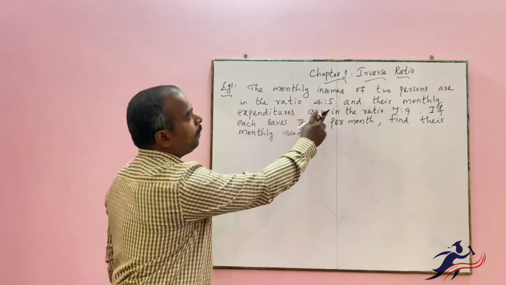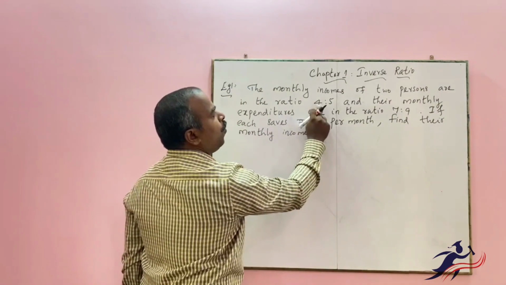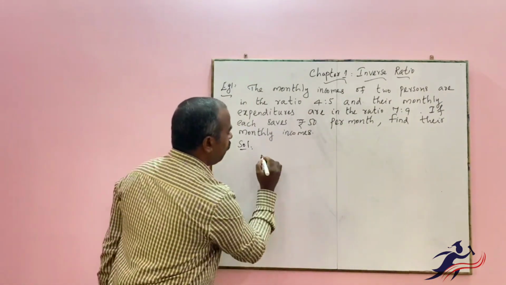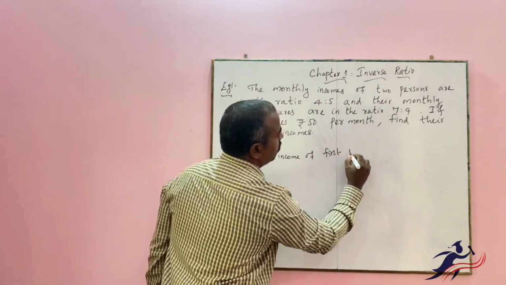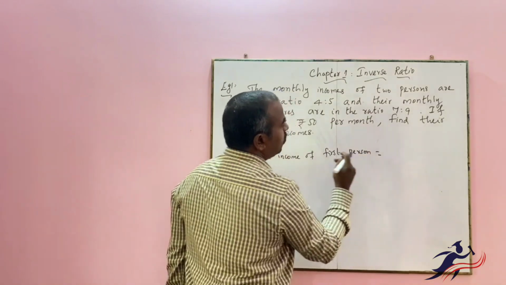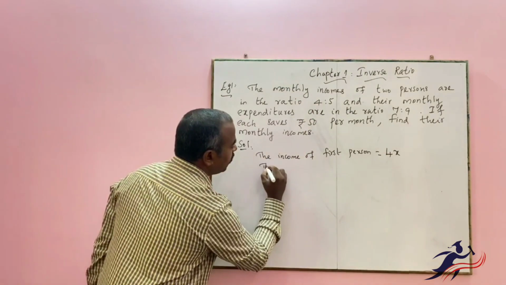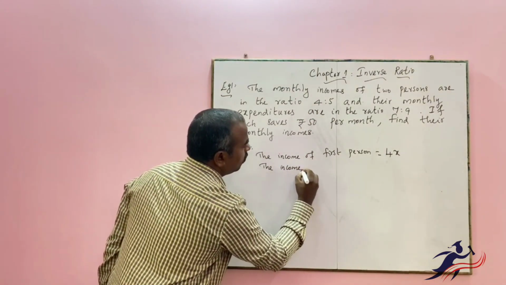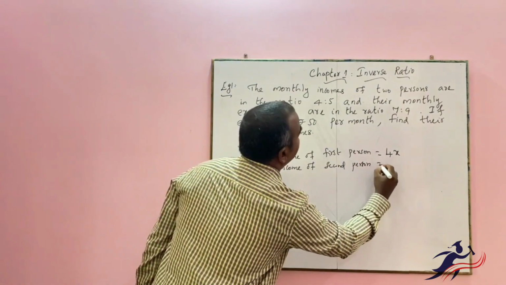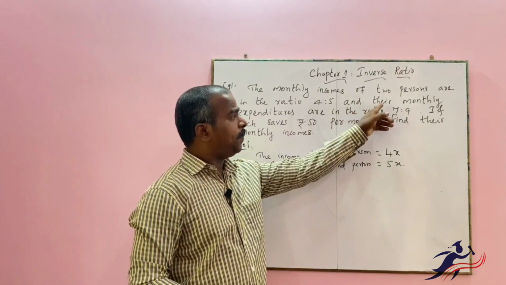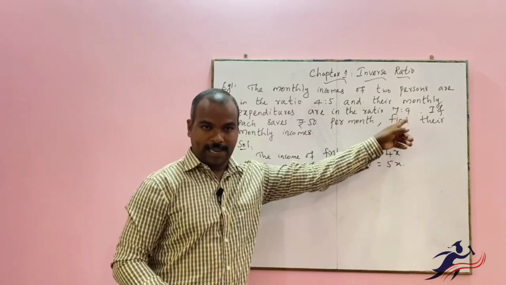So the income of the first person is equal to 4x, the income of the second person is equal to 5x. And their monthly expenditures are in the ratio 7 is to 9.